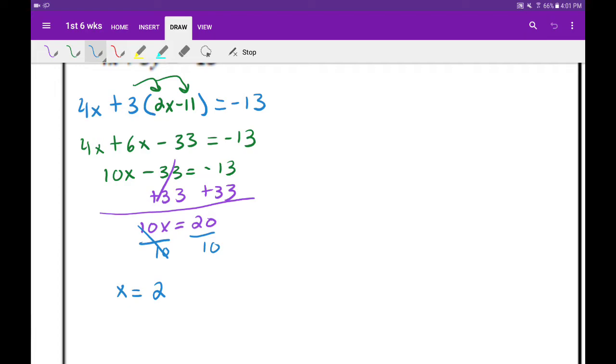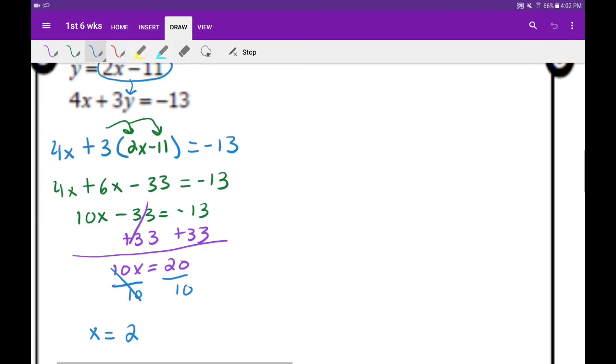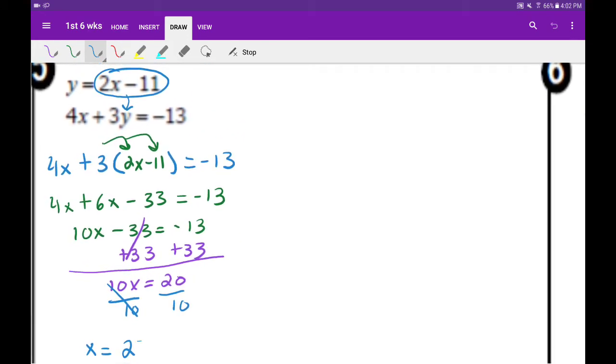Now, once we have variables equals a number, like x equals 2, we can substitute into any equation. And what I'm going to do is I'm going to substitute into the top equation, because that one already isolated the y, and that's what we want.